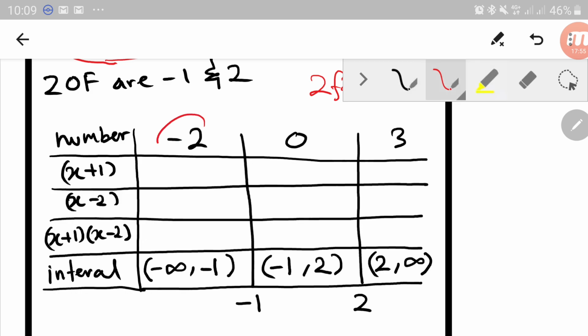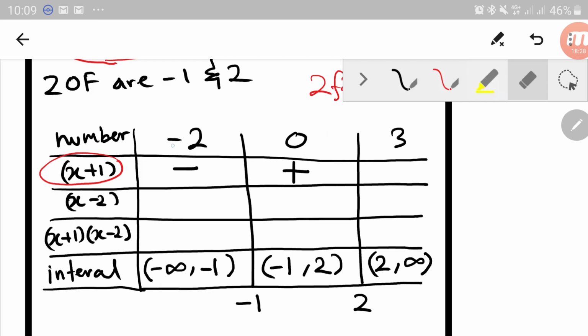So -2 put inside, -2 plus 1 is -1, so the sign is negative. I don't want the 1, I just want the negative. So get rid of the 1 and put the negative. Let's go for 0. 0 inside x plus 1, we get 1. 1 is positive.